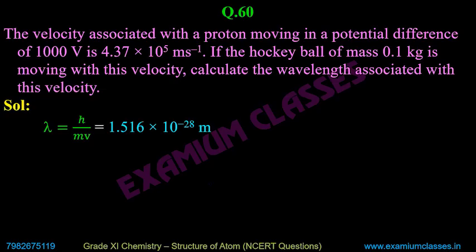In this case, this is the velocity associated with a proton, so we can't say that this is kinetic energy. This is the energy related to this voltage. If it is asked what is the energy of this particular proton, you will say the energy will be 1000 electron volt. No other information is given. Okay, sir. A proton is not related to the photoelectric effect, so here it is just energy, nothing else.